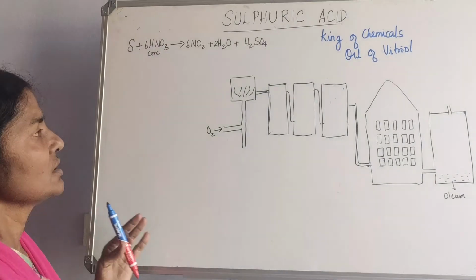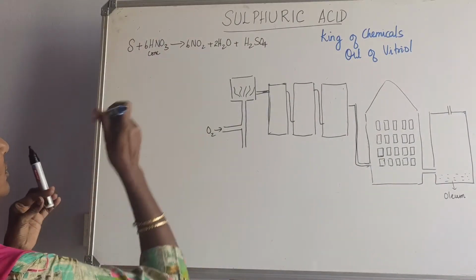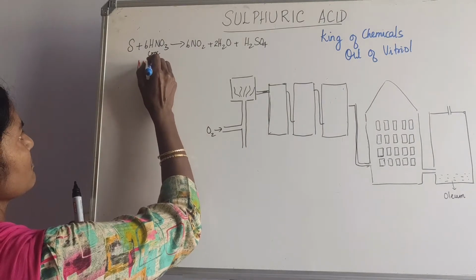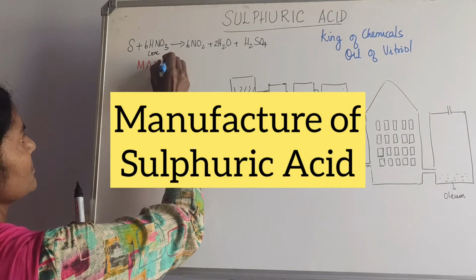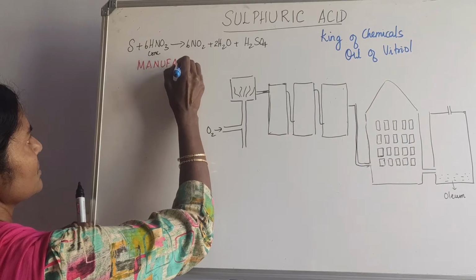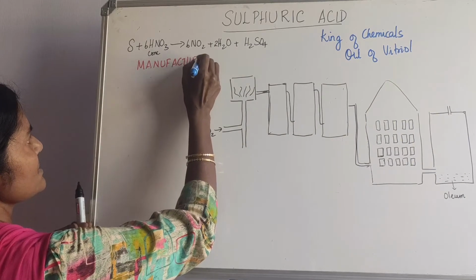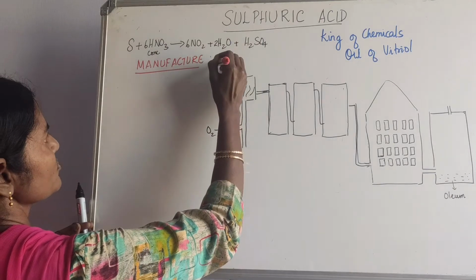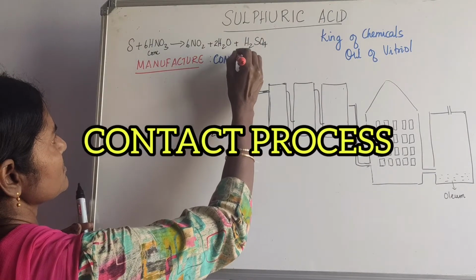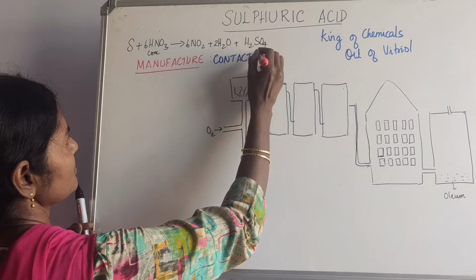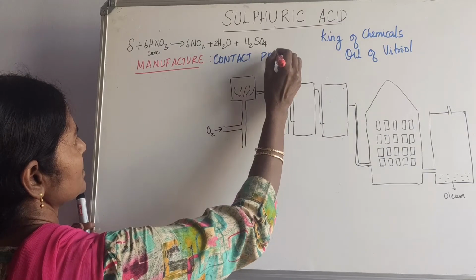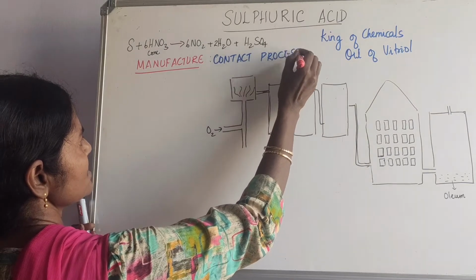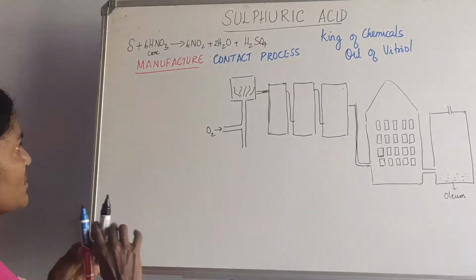However, now we move on to the manufacture of sulfuric acid. Manufacture is done by what is called the contact process. This contact process is made of 4 steps.